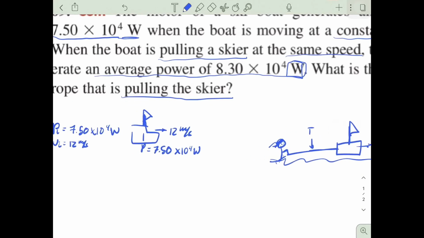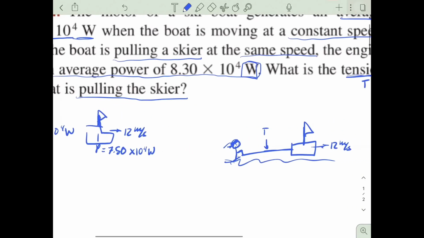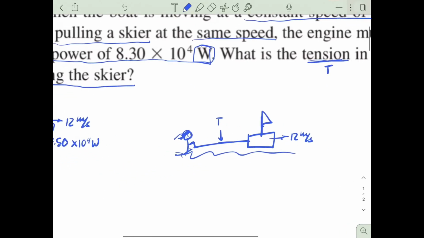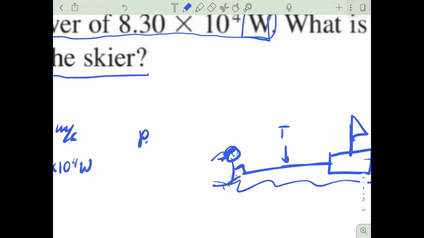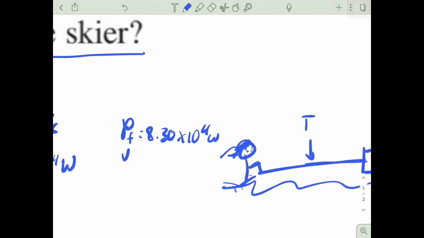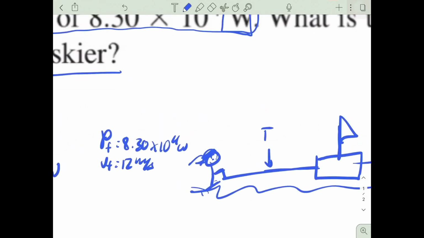I don't know if that was a good explanation, but the average power here is the power of the boat when it's pulling the person. So power final equals 8.30 times 10 to the fourth watts, and velocity final is just 12 meters per second.